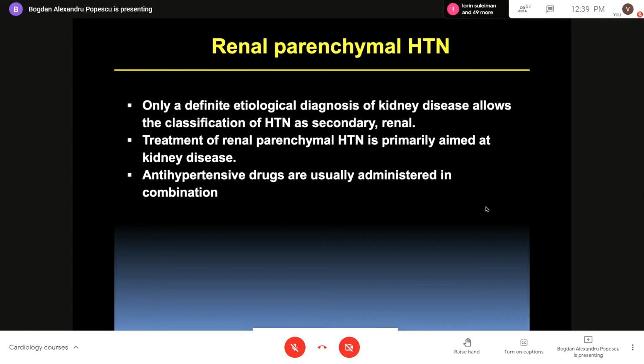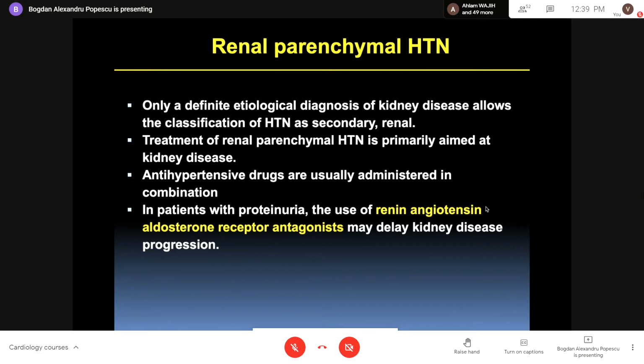Usually in this sort of hypertension, we are asked to use a combination of antihypertensive drugs, because otherwise it will be difficult to control blood pressure values unless you use more than one drug.